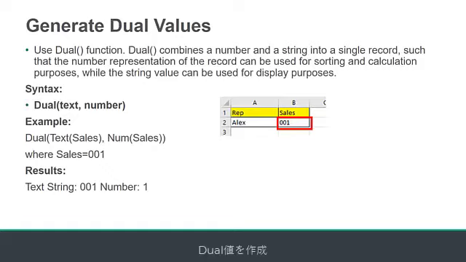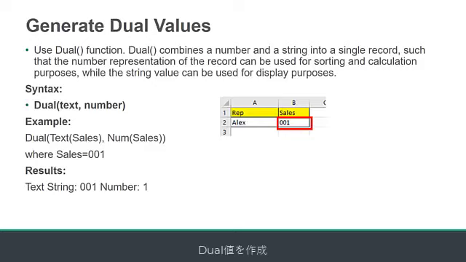So we can use a dual function to generate dual values when loading the source data into QuickSense. The dual function combines a number and a string into a single record. The syntax to use is dual, bracket, text, comma, number. The syntax is here. The first parameter is text, and the second parameter is a number.